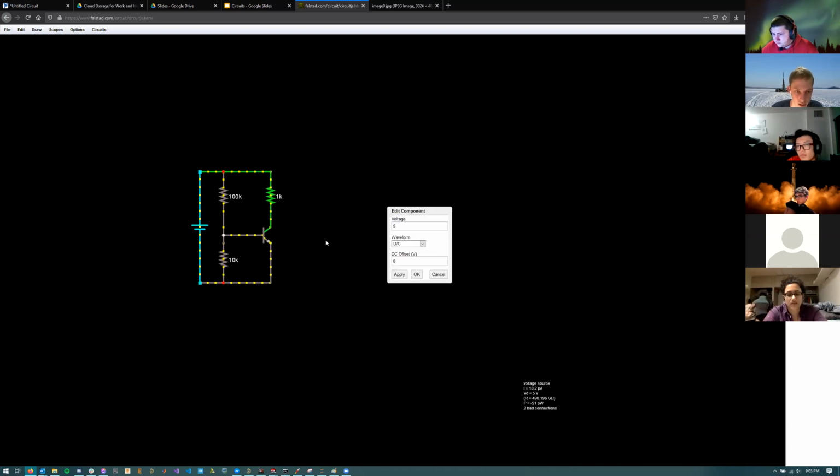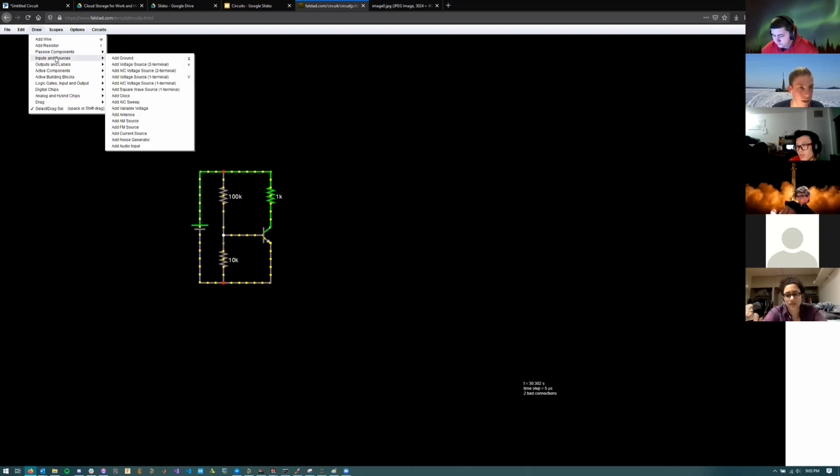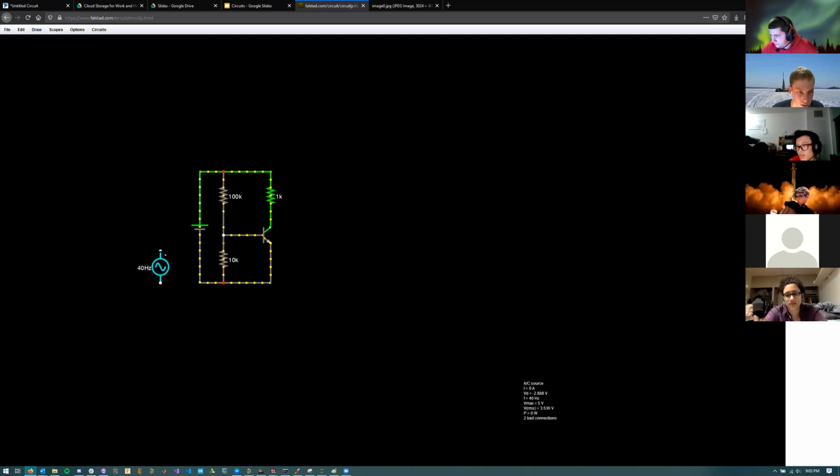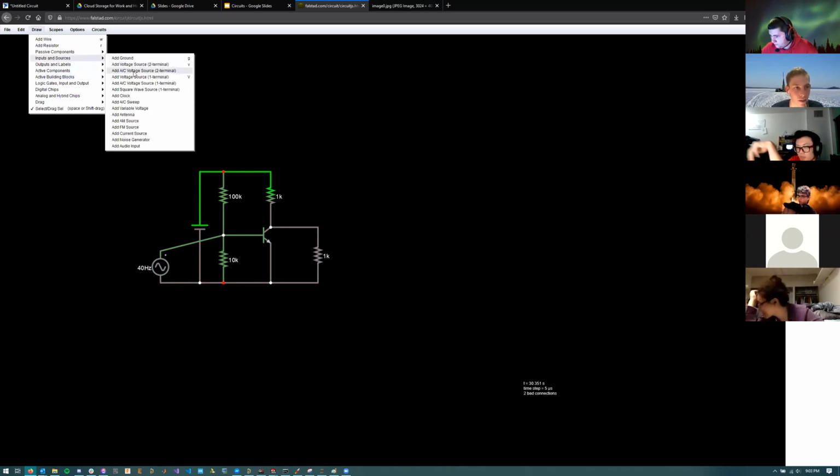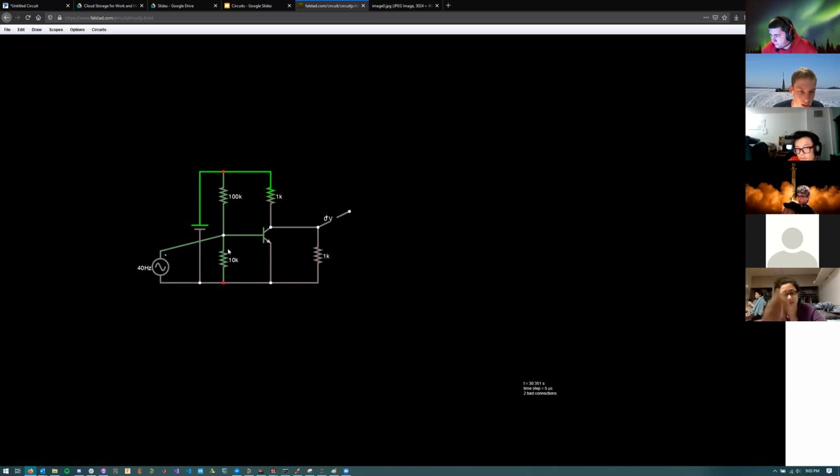Let's make this 10 volts. Okay. We're going to draw inputs and sources, AC voltage source. Wire here. Wire here. Wire. Oh. Draw a voltmeter scope probe, and then mess with these resistors until it works.